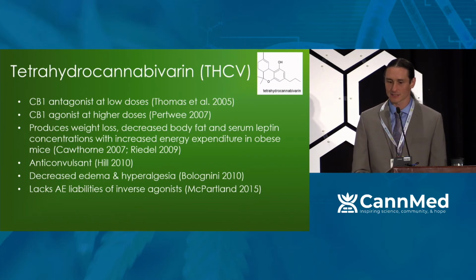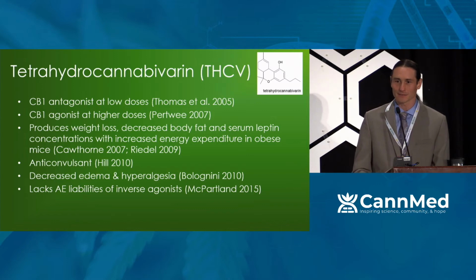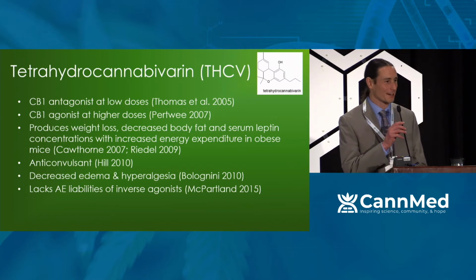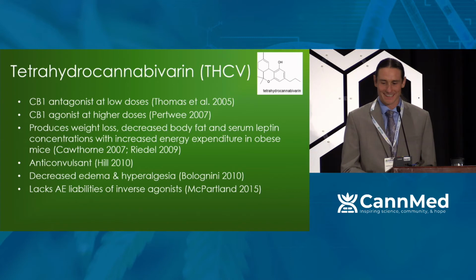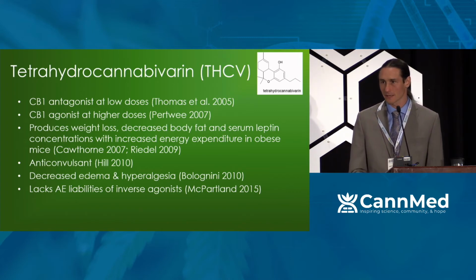Then we have THCV, which is a CB1 antagonist at low doses, but a CB1 agonist at higher doses. Could this plant throw us any more curveballs? Hopefully, yes. But this is an interesting one. So at these low doses, this could also be an anti-munchie drug, so to speak, because of this gentle antagonism, producing weight loss, decreased body fat, decreased leptin concentrations, increased energy expenditure, at least in mice.